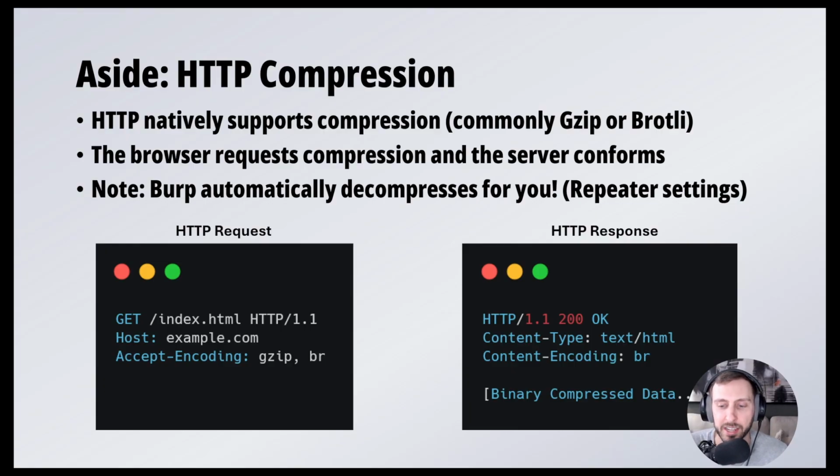So data that is clearly not intended to be human readable. You don't see this a lot if you're doing web application penetration testing, because tools like Burp automatically decompress these for you. So it's not immediately obvious when HTTP compression is and is not being used unless you toggle the settings to actually observe it.